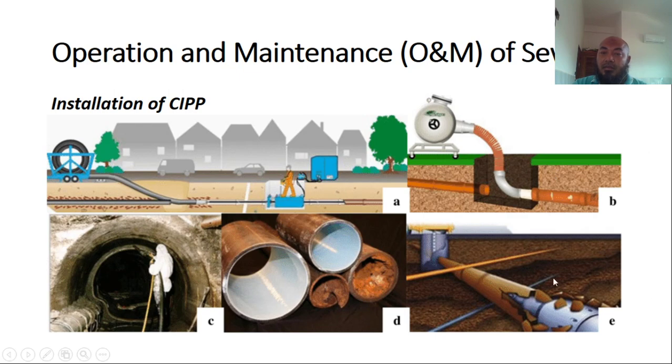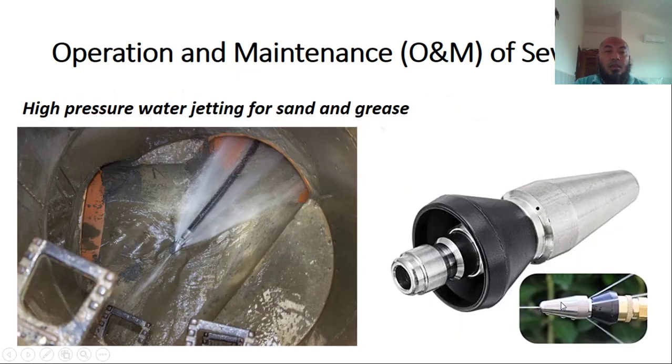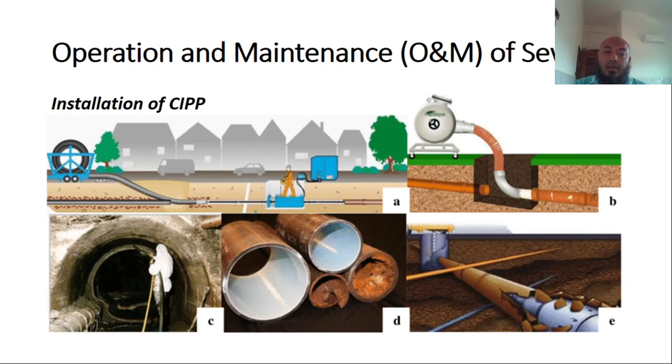Then there should be no problem in the future. Okay, this is a failed pipe. So this is a new one. This is an almost failed pipe. Then we can use this technology.